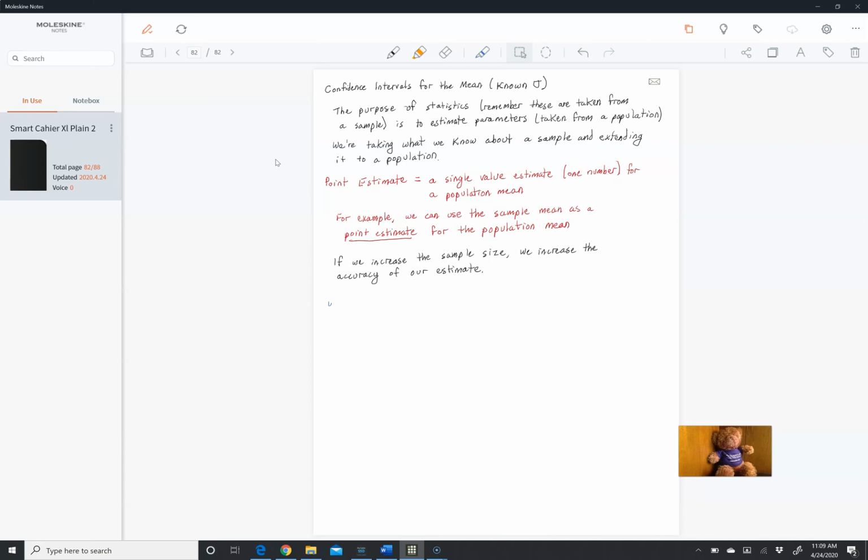So we're going to use X bar, remember that's the sample mean, to find an interval which we think the population mean falls into.